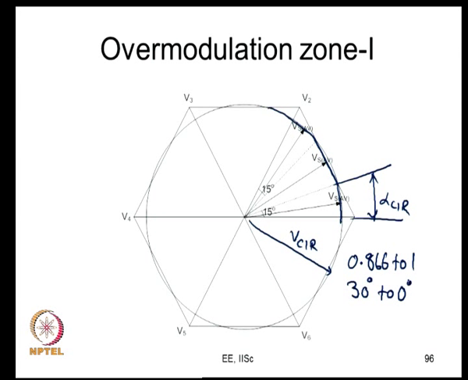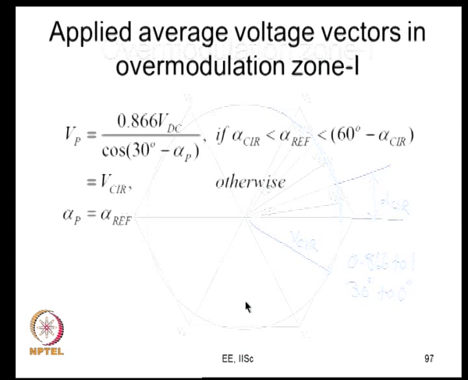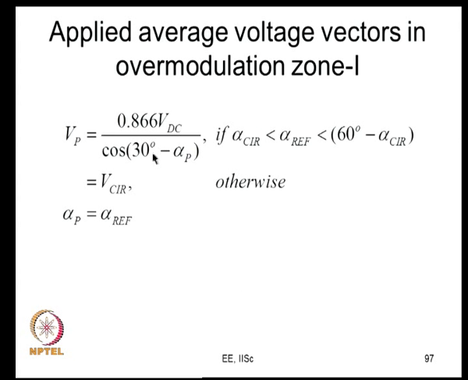By varying this, you can control the fundamental voltage, but there is a non-linear relationship. V circle is not related to the fundamental voltage in a linear fashion as V reference was. There is some non-linear relationship. So, if you look at the voltages applied, now this is Vp and alpha p, or the magnitude and angle of the voltage vectors which are actually applied.